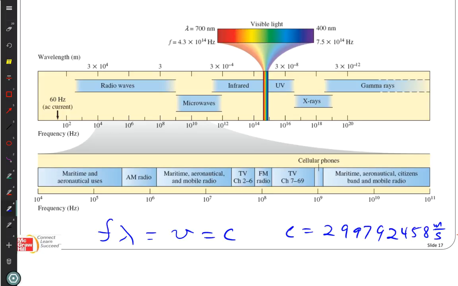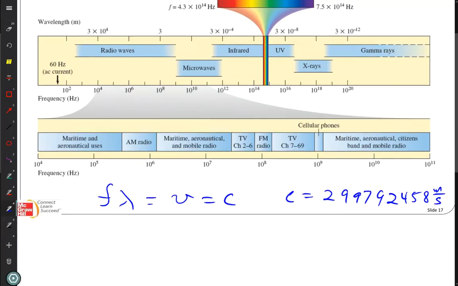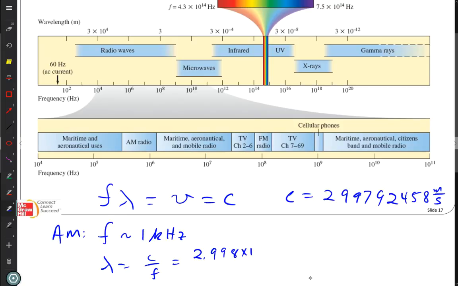So we can take this and say, well, for an AM radio wave, frequency is about 1 kilohertz. So that means wavelength is C over frequency, 2.998 times 10 to the 8 meters per second, divided by 10 to the third. I'll just put 1 over seconds for hertz.